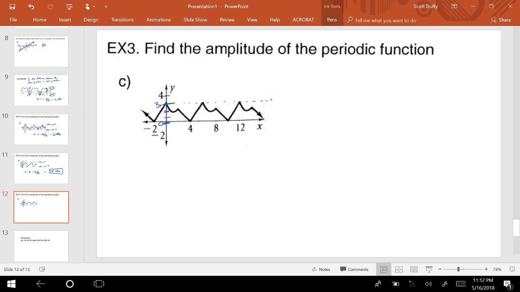So the max is at 3, or y equals 3. The minimum is at y equals 0. The distance, or difference, equals 3. Divide that by 2. You get an amplitude of 1.5.